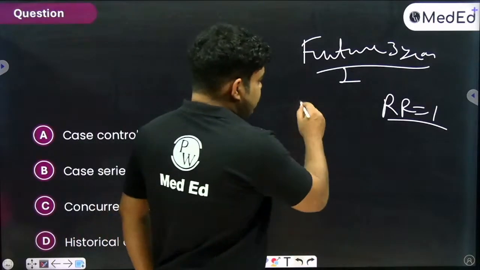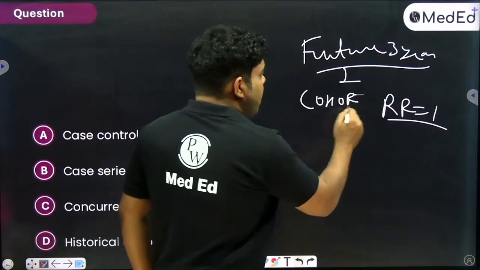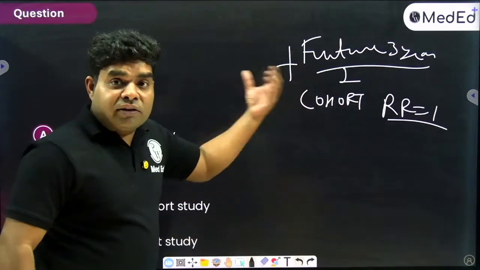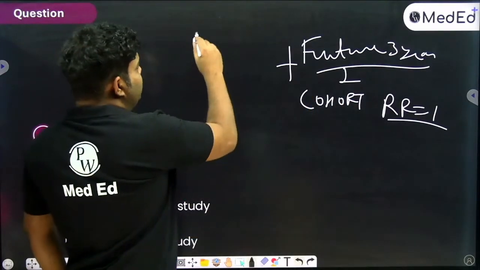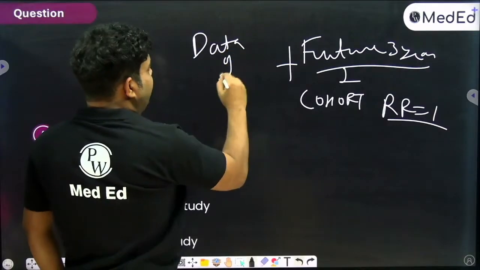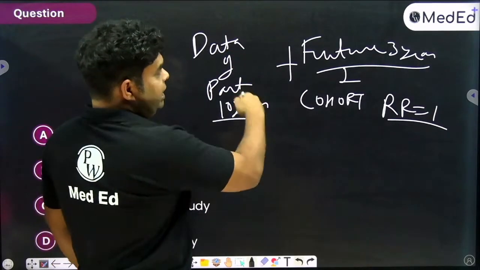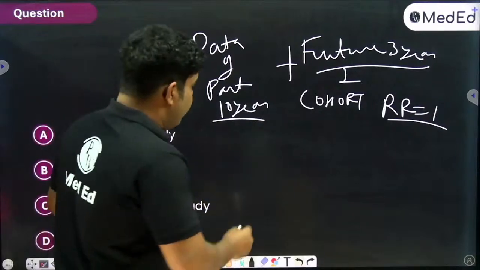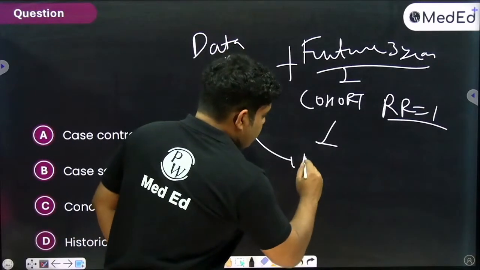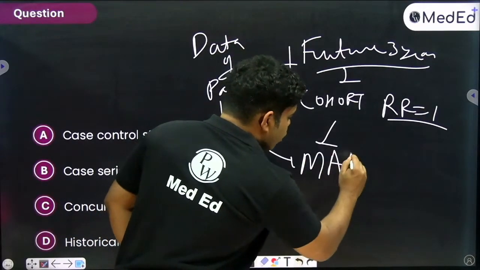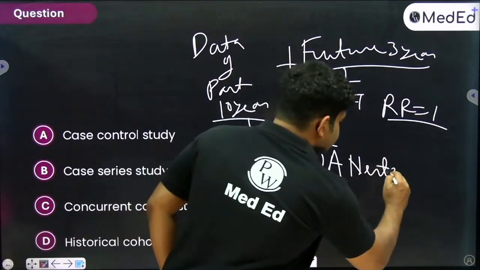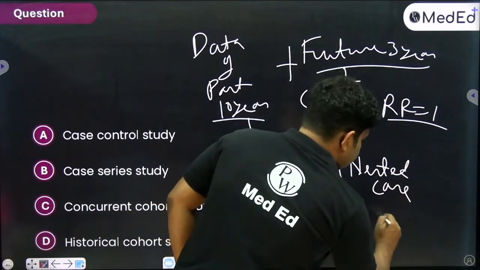This is cohort. A future 3-year study is a simple concurrent cohort. But suppose along with the future 3 years, you also use data of the past 10 years. Because you use both, the 10 years past and the future, now you will call it mixed cohort, ambidextrous cohort, or nested case control.